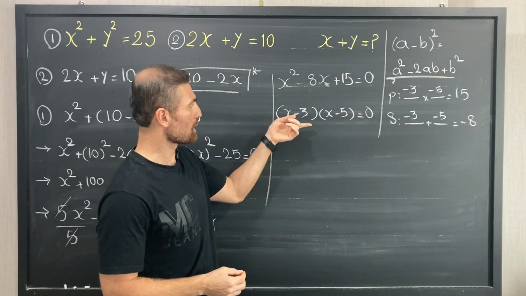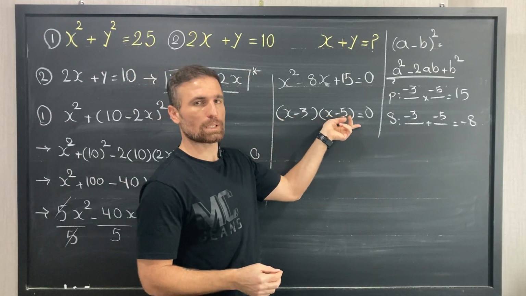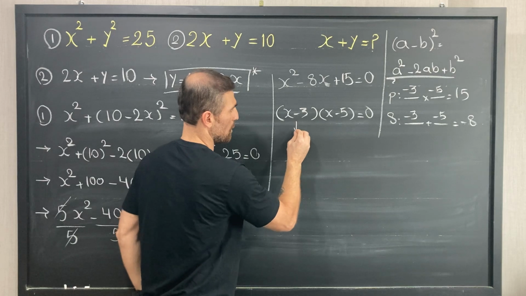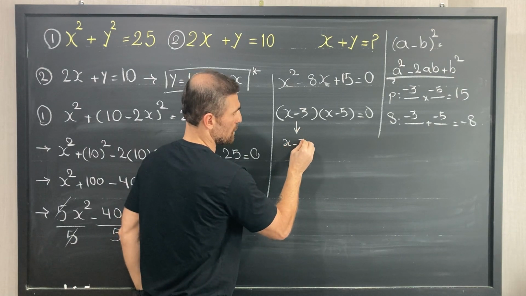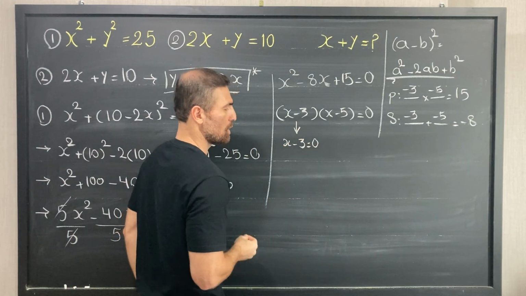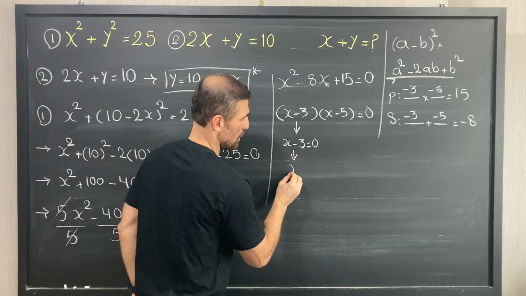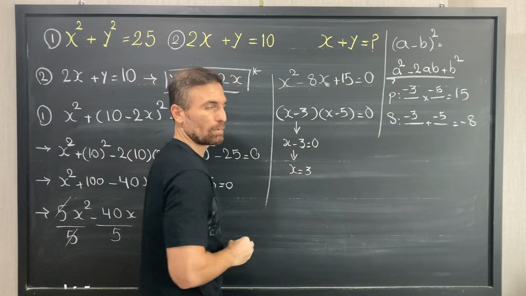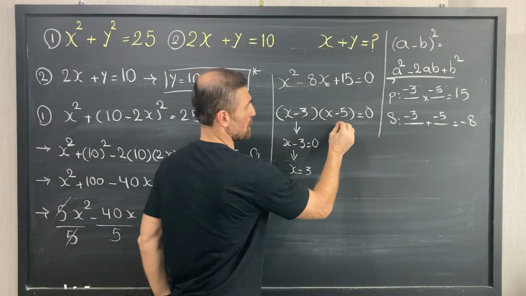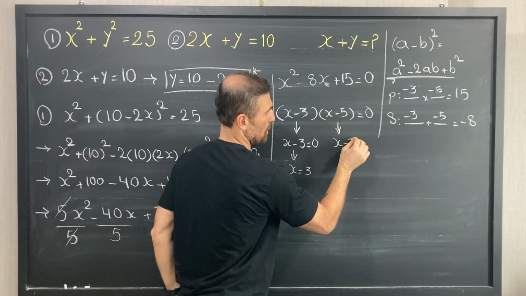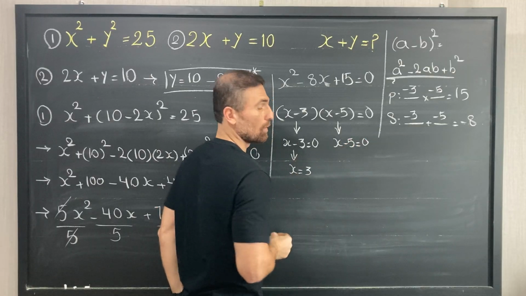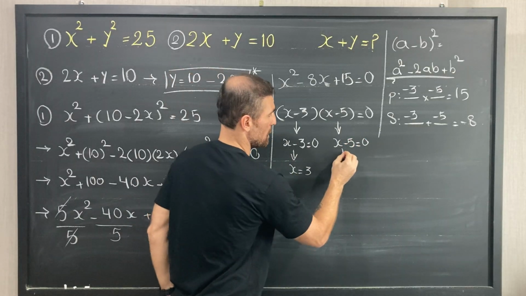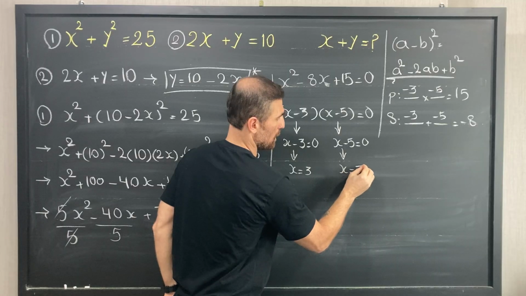So I can set this one equals 0, also this one equals 0. First one, x minus 3 equals 0, so x is going to be 3, right? Next, x minus 5 equals 0. What is the value of x? x is going to be 5.